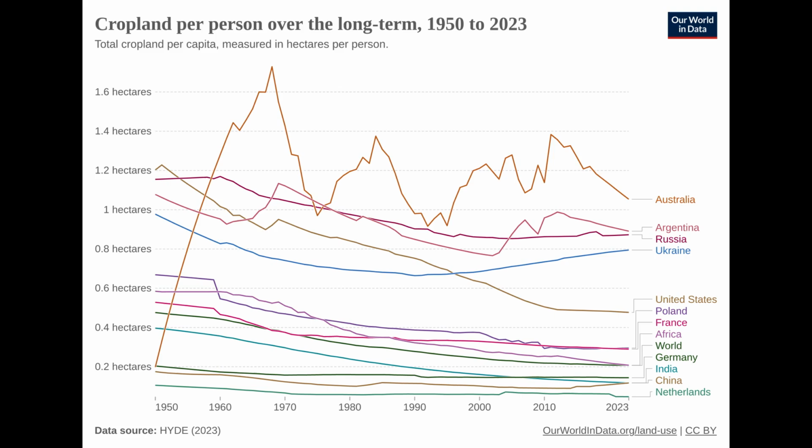And here's another discovery. On average, Africa has the same amount of arable land per person as the rest of the world. In such a situation, the lack of arable land cannot be the cause of hunger and malnutrition. If you hear about such cases, their causes must be different. Germany, India and China have about twice as much arable land per capita as France and Poland, less than the world average or the African average.